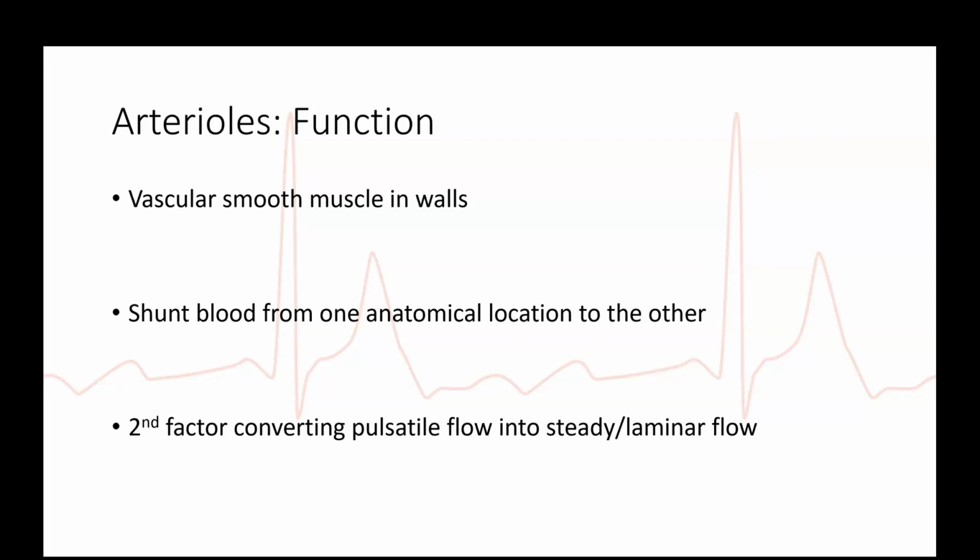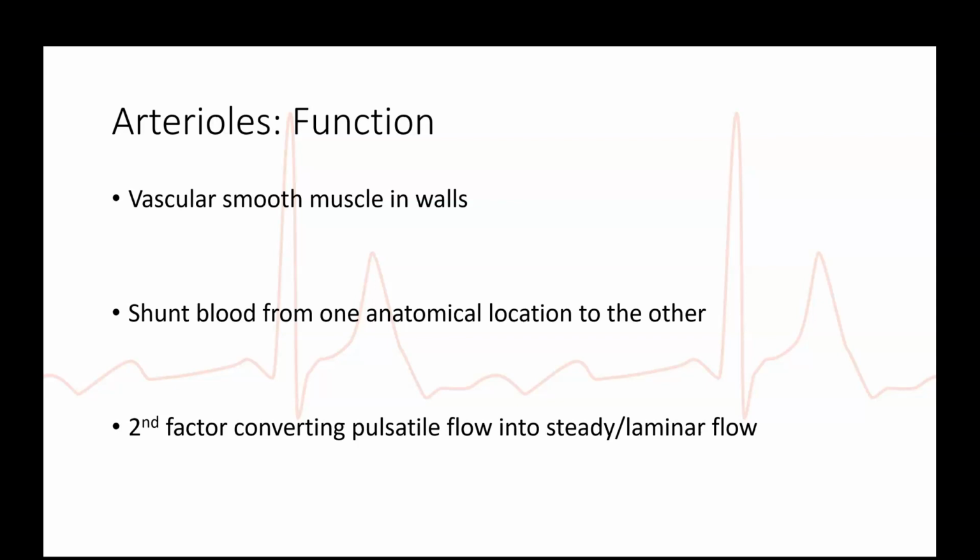The second factor is when the blood hits those arterioles, everything slows down because of that vascular smooth muscle. It slows down enough so that the next pressure wave can catch up to the preceding pressure wave. So once we slow that blood flow down in the arterioles, the preceding pressure wave can catch up.